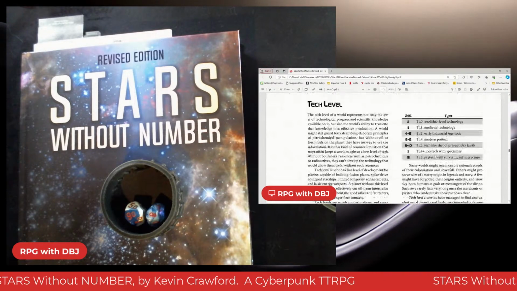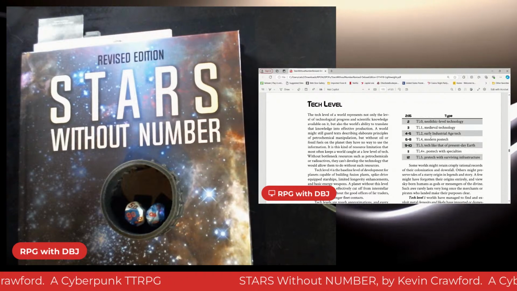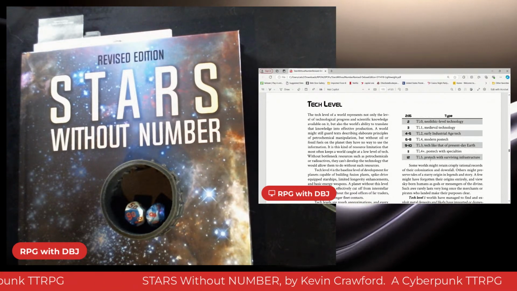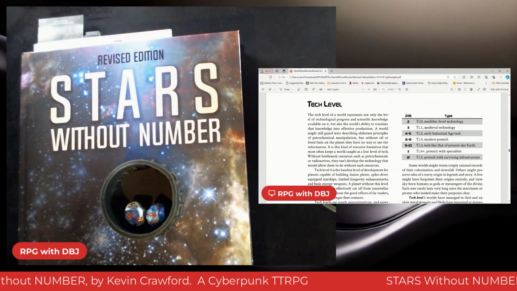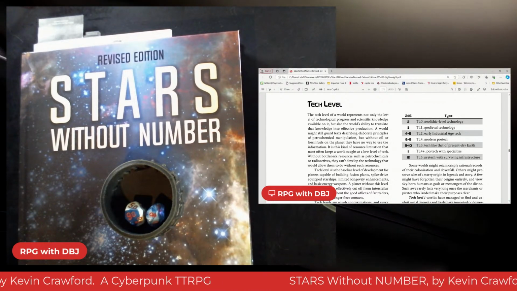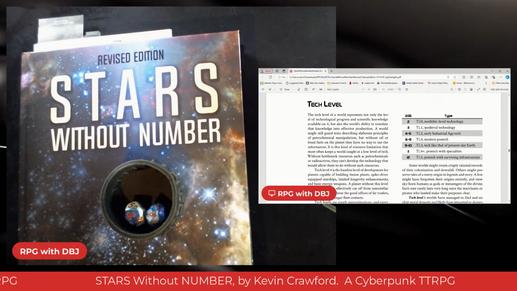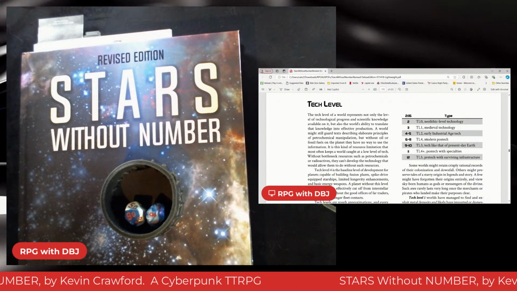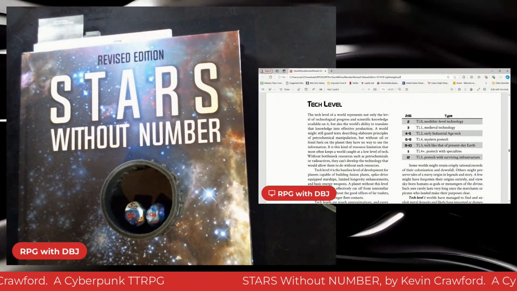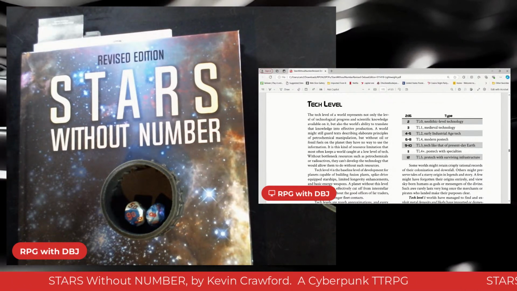And then here we have tech level. It does explain the tech levels from 0 to 5 and above, with 0 being Neolithic, tech level 1 being medieval-ish, tech level 2 being early industrial age: steam, coal, industrial factories. Tech level 3 is like that of present day Earth.